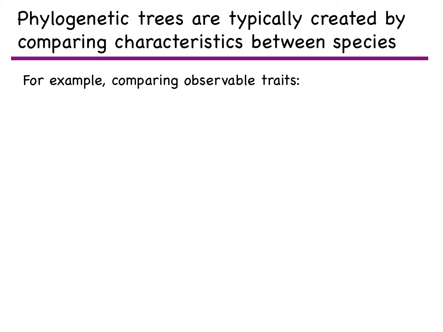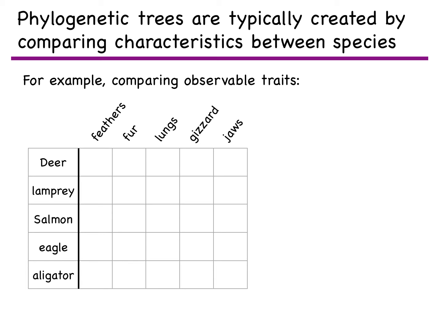So a typical way of creating a phylogenetic tree is by, for example, comparing observable traits between the organisms you're trying to group together. So I'll just give you a really simple example of this. Let's say we're considering the species that are showing here: deer, lamprey, salmon, eagle, and alligator. Maybe alligator has two L's, I might have misspelled that. Don't worry about that.